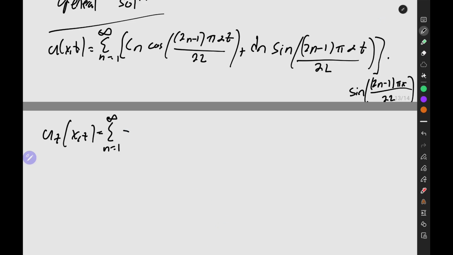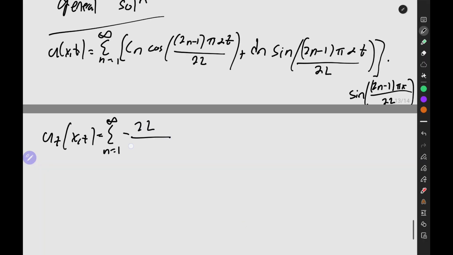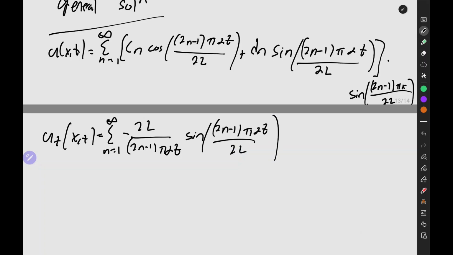Negative sine of 2n minus 1, 2l over 2n minus 1 pi alpha t, sine of 2n minus 1 pi alpha t over 2l times c sub n.